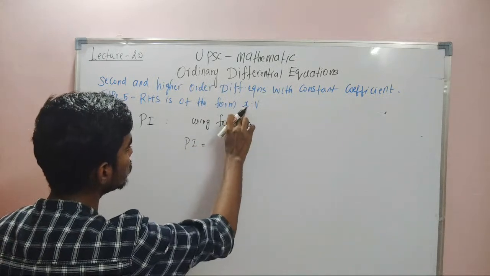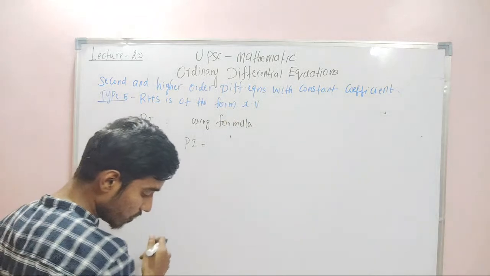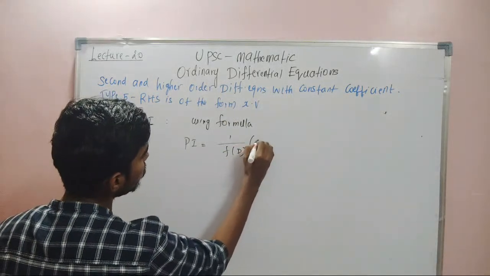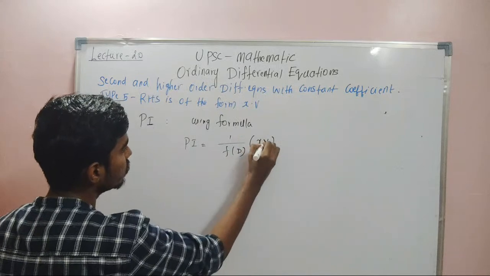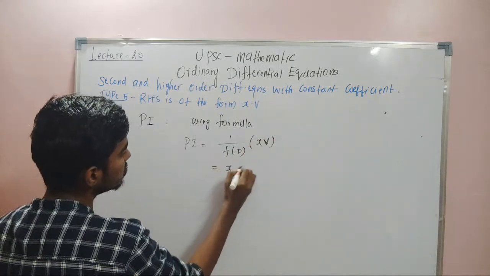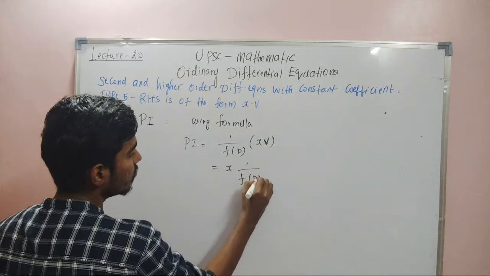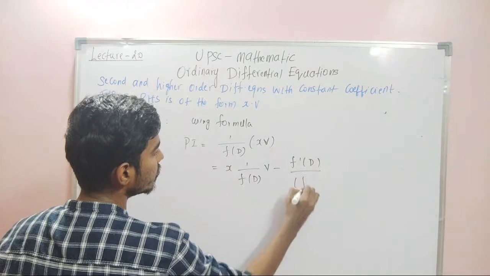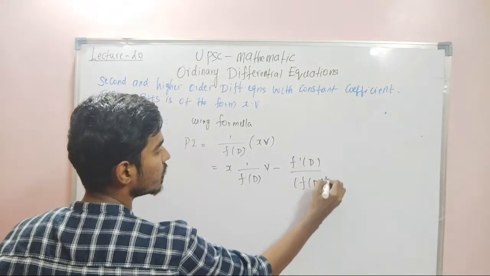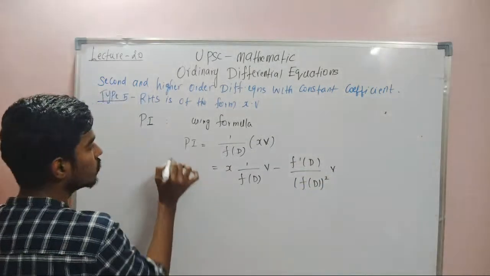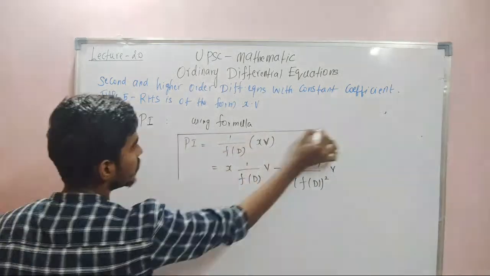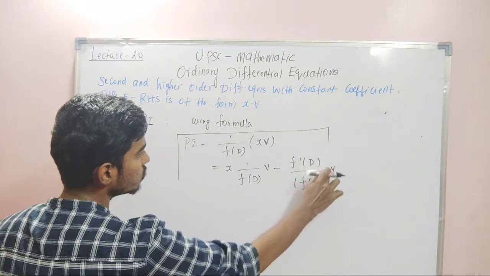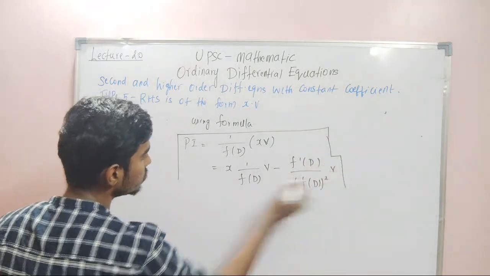Suppose the RHS is of the form x into b, then the formula for finding the particular integral, 1 by f of D into xb, is equal to x into 1 by f of D into b, minus f dash of D divided by f of D whole square into b. In order to find the particular integral, you can use this formula, or you can also use a substitution method.